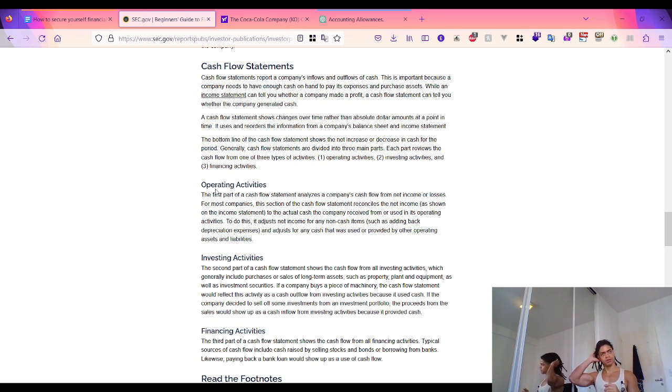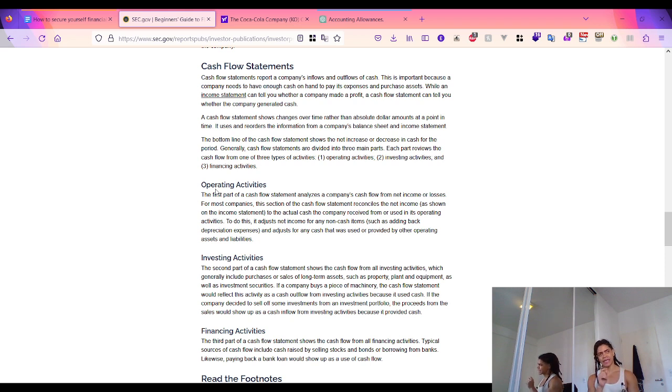This is the part that analyzes the company's net income from the income statement and reconciles it with the actual cash. That's what it is, the first part of the cash flow statement.